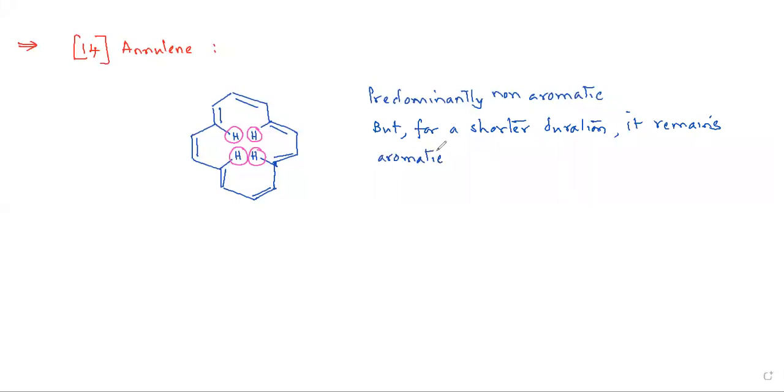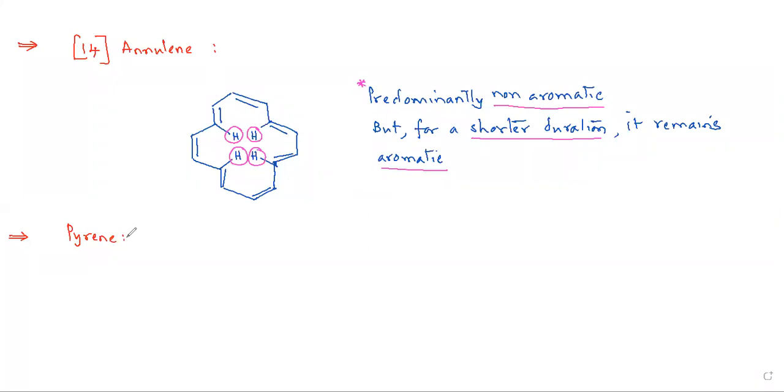This is the speciality of 14-annulene. Okay. It's predominantly, mostly non-aromatic. Only for a shorter duration, it becomes aromatic. Right. Now let me give you something much similar to this.